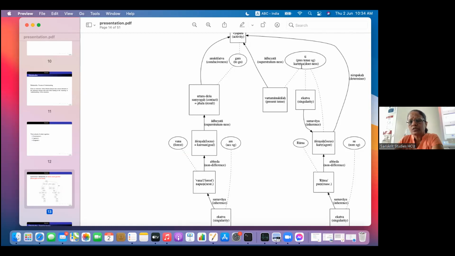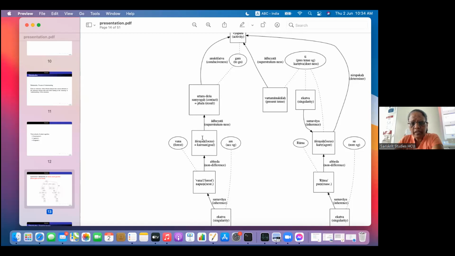And also it tells that the agent, karta, is being expressed by this Ti. So these meanings are here. This stands for singular. Vana, a forest, which is the meaning of this word is represented here.